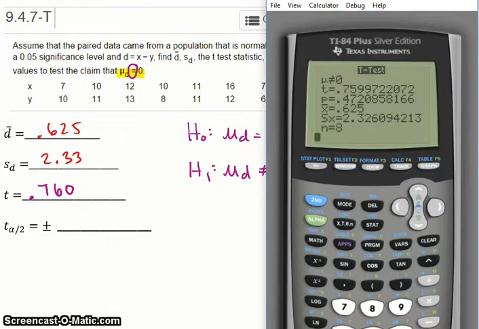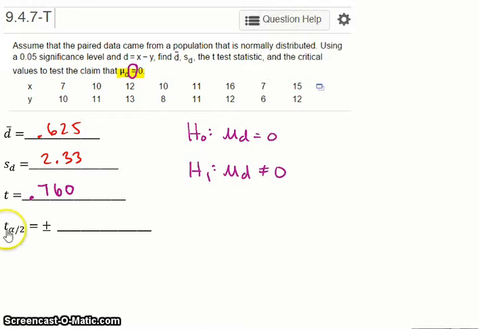For the critical values, the easiest way to find the critical value, in my opinion, would be to use the table. There are three things you need to know to find that. You need to know what kind of test it is, whether it's a left tail, a right tail, or a two-tail.